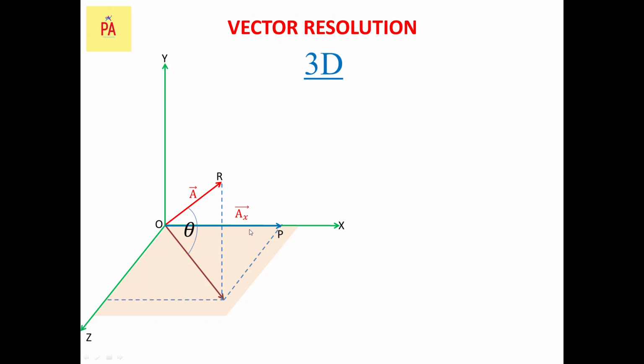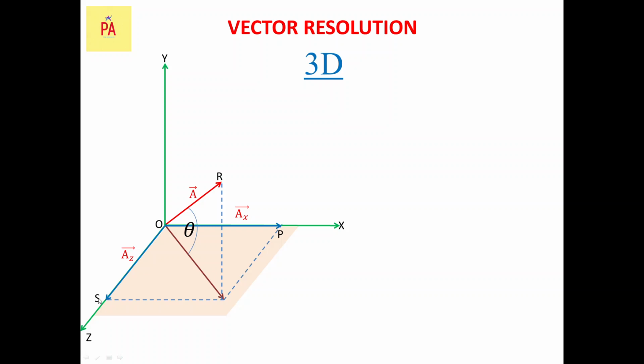Then we'll drop another perpendicular from the projection head to the z-axis, and we'll draw another blue arrow representing a vector, that is this part, which is along the z-axis, and we'll represent the intersection point as S, and the vector along the z-axis is, say, AZ.